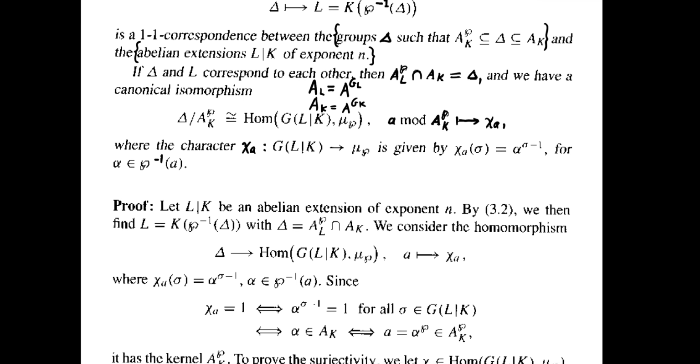And we have a canonical isomorphism. The converse direction is, as I said, finding delta, you construct L in this bijection. So you give out that extension of exponent n in this case.